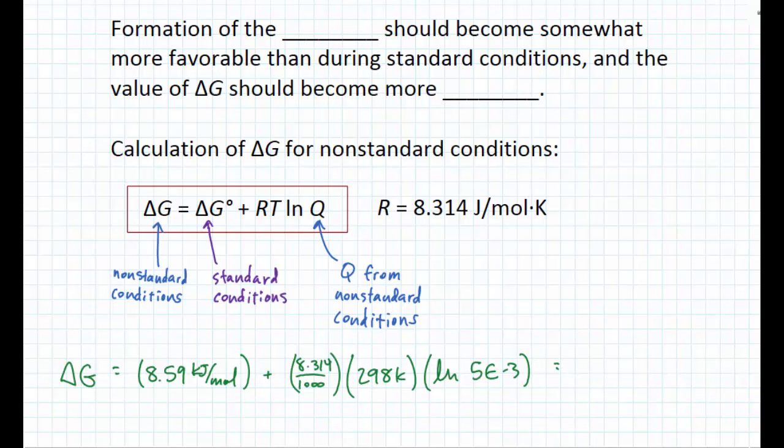So we got 8.59, 8.314 divided by 1,000, 298, log of 5. I got minus 13.1269.